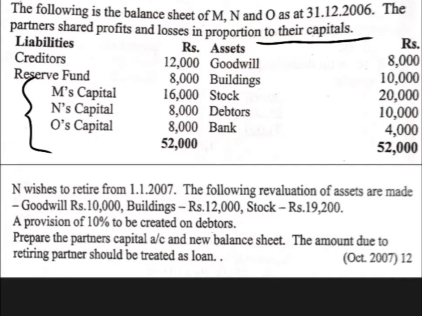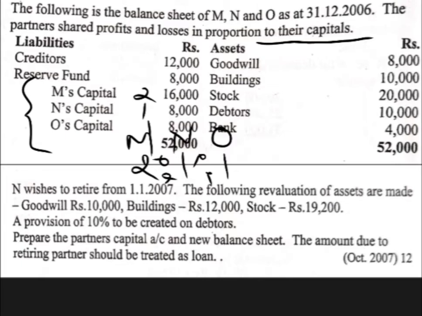So we have to take the ratio between 16,000, 8,000 and 8,000, which comes to 2:1:1. 2:1:1 is the old profit sharing ratio. Here 2 belongs to M, 1 belongs to N and the remaining 1 share belongs to O.